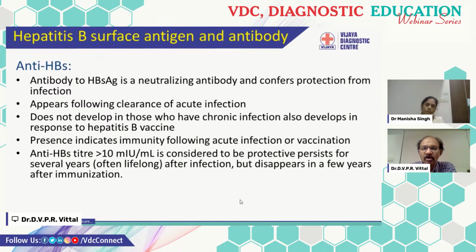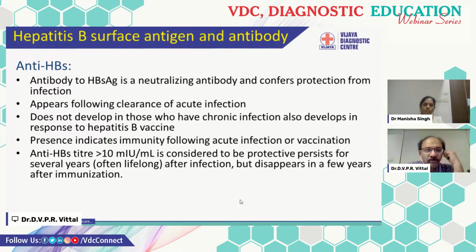So this appears after clearance of acute infection, that is, the disappearance of HBsAg gives anti-HBs. Now, in chronic patients, the titers of anti-HBs may be very low or may not be there, but usually anti-HBs is the antibody that is seen during vaccination. After vaccination of the patient, this particular antibody develops because this is the neutralizing antibody as well as the antibody that confers protection to the patient.